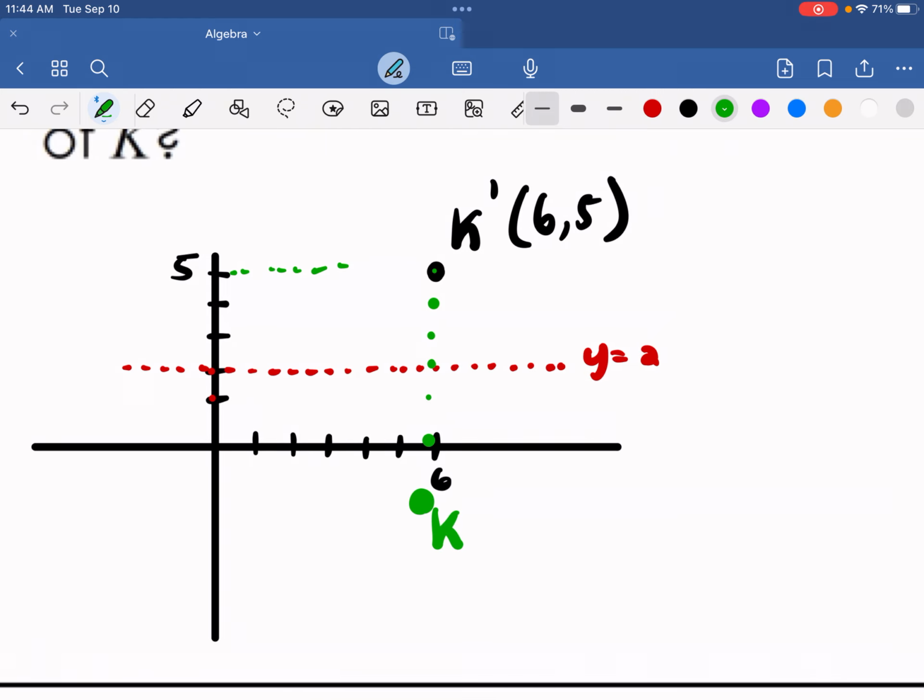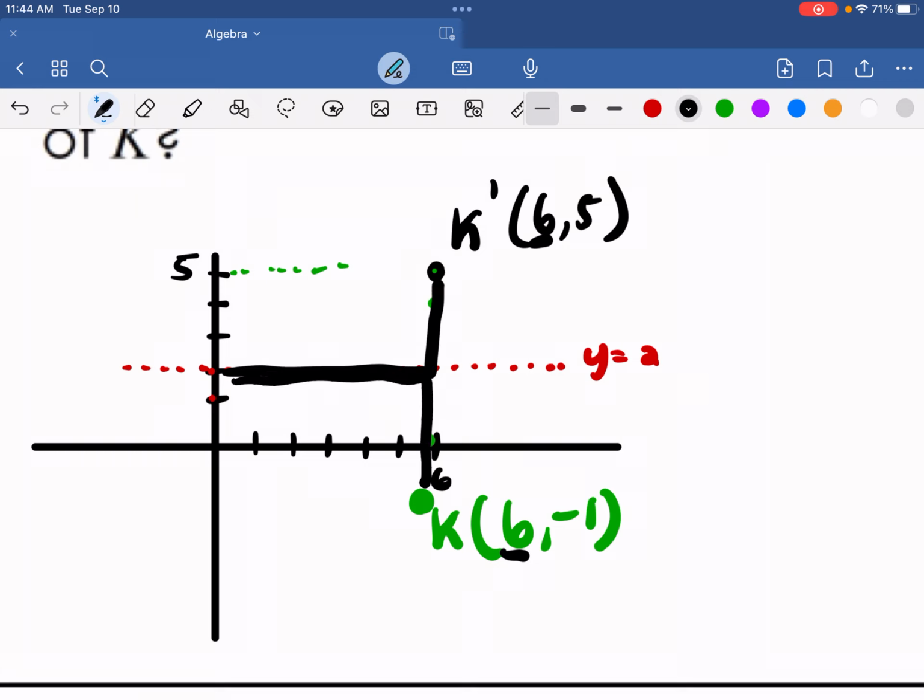And the reason why is that the x should still be the same, because it's still 6 to the right and up 5, and now it's 6 to the right and down to -1. And why is that? Again, because if you were already at 5 and you're trying to get to 2, it subtracted 3. So then from 2, you subtract 3 and you would go down to -1, or however you need to process it, right?